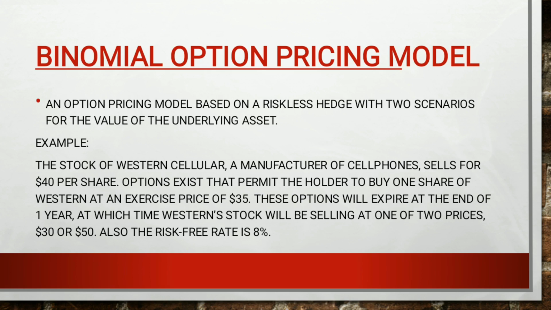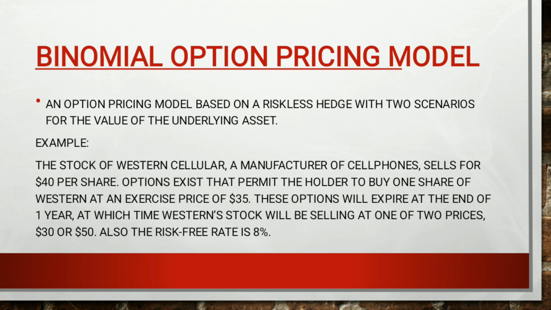We're going to have assumptions using this example. The stock of Western Cellular, a manufacturer of cell phones, sells for $40 per share. Options exist that permit the holder to buy one share of Western at an exercise price of $35.